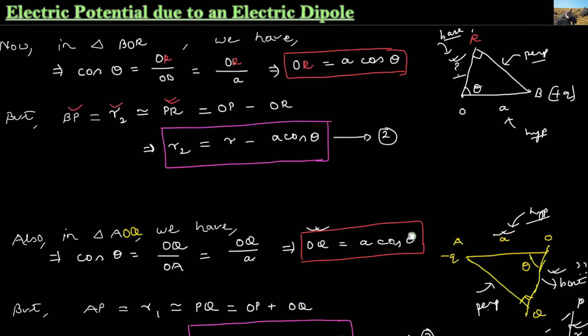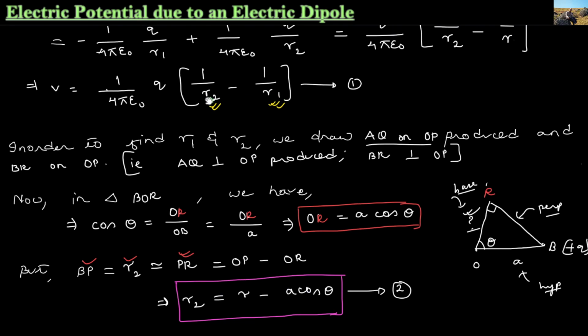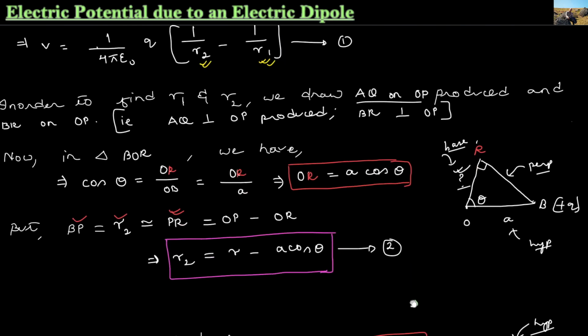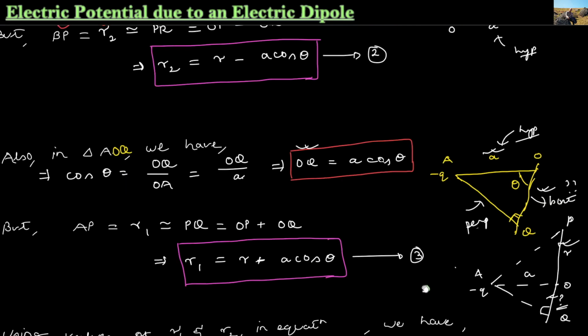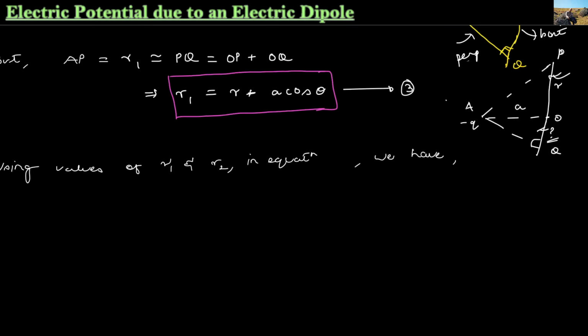So putting these equation 2 and equation 3 on equation 1, the values of R1 and R2 have been determined. We'll use this and put it on equation 1 to find out the potential V due to the dipole. So using these values of R1 and R2 on equation 1, the potential V is given by q divided by 4 pi epsilon naught.